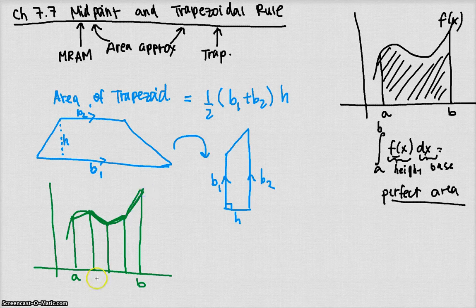So our delta x will become this height. The height of the trapezoid is going to be delta x, and we take the average of base 1 and base 2, the two outputs on the left and the right.